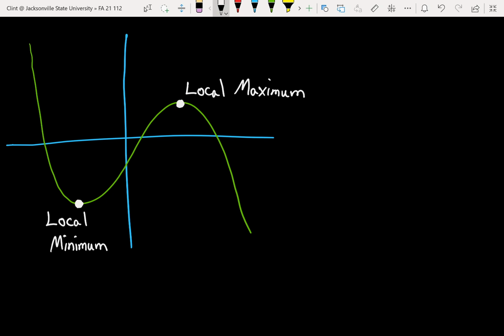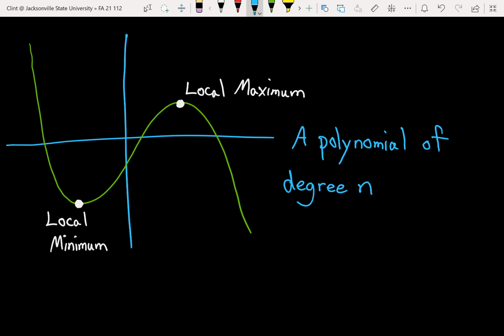And the other thing that I want to tell you about these is that if we have a polynomial of degree n, n is just some number, we can put a cap on how many of these valleys and peaks, local minimums and local maximums, it can have.